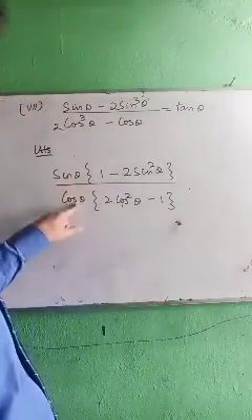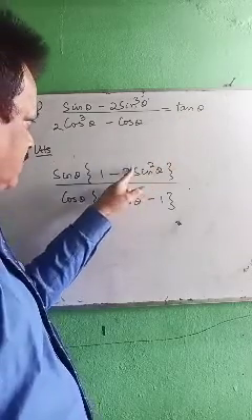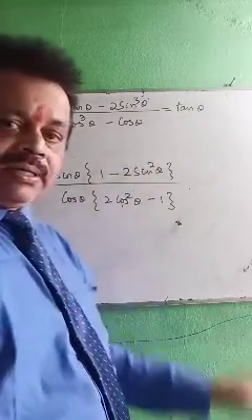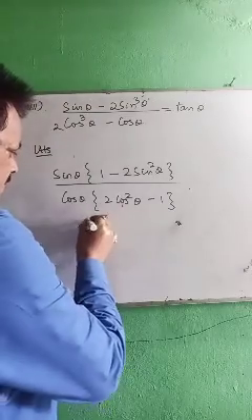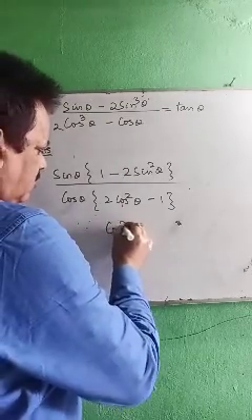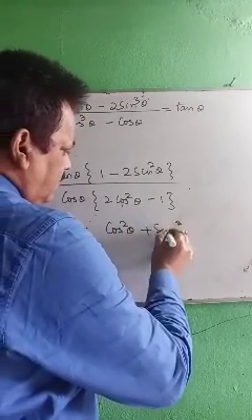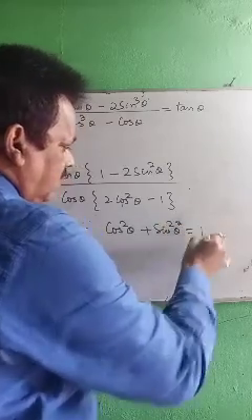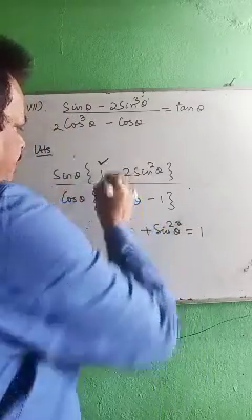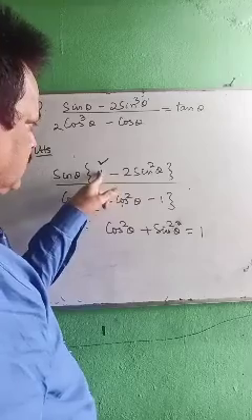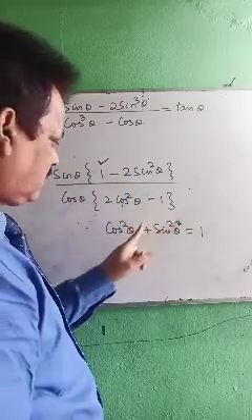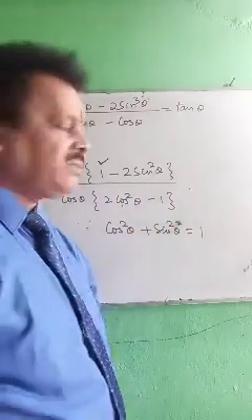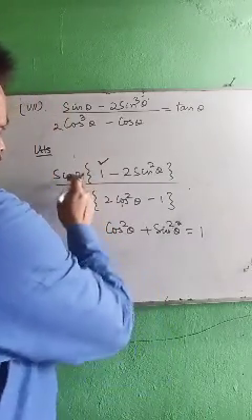Now sin by cos will become tan. Now we have to cancel these two. Look at how you are cancelling. Since cos square theta plus sin square theta equals to 1, means for this one you write cos square theta plus sin square theta. For this one also you write cos square theta plus sin square theta. So this became tan theta.